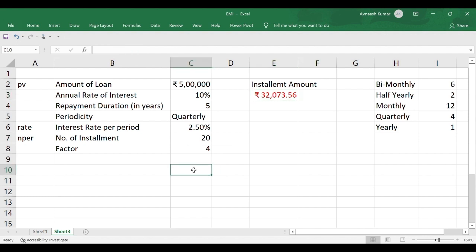So here we enter loan repayment schedule.